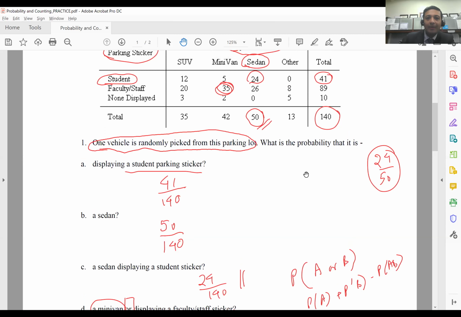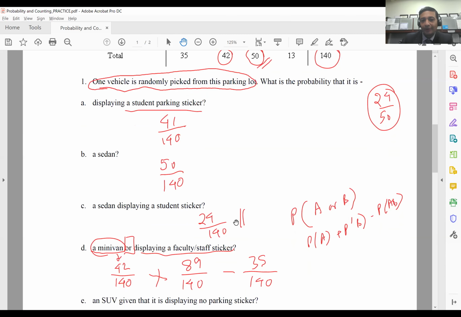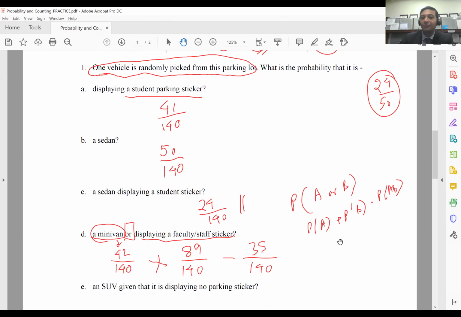So that is the commonality between minivan having a faculty staff sticker. Okay, so that has been captured twice. If I just add up this guy, that includes 35. I add up this guy, that also includes 35. So one of them has to go to keep it unique. So therefore 35 gets out of the total addition. And that's where the concept of the OR comes in.